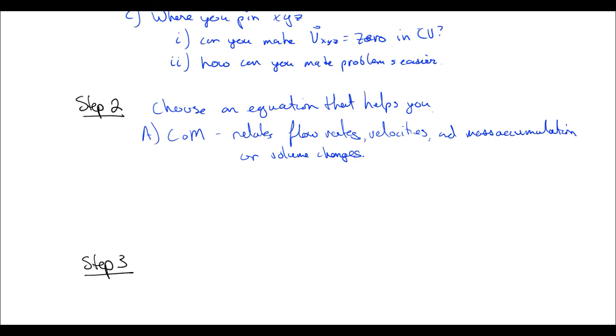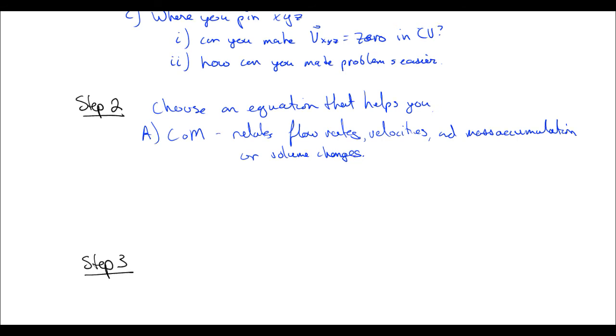It relates all those things together. So if you ever have, for example, a couple of unknown velocities, but you know a couple of cross-sectional areas, you want to use conservation of mass to reduce the number of unknown velocities, that's perfect, right? Or if you know mass accumulation and need flow rates, things like that, because you know the density. This is all a game of understanding what unknowns you have and what constraints you have in order to solve for those unknowns.